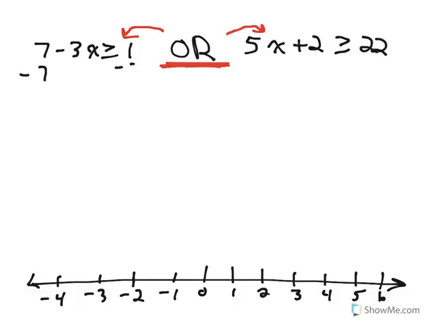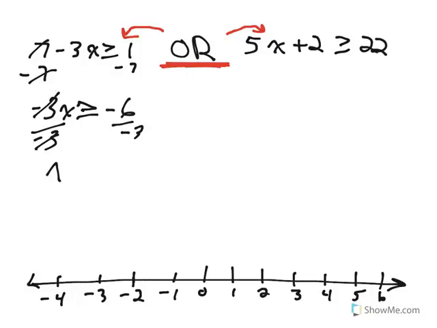Subtract 7 from both sides. Gives us negative 3x is greater than or equal to negative 6. Divide both sides by negative 3. Again, remember, we are dividing by a negative, so we turn the symbol around. And that gives us x is less than or equal to positive 2.